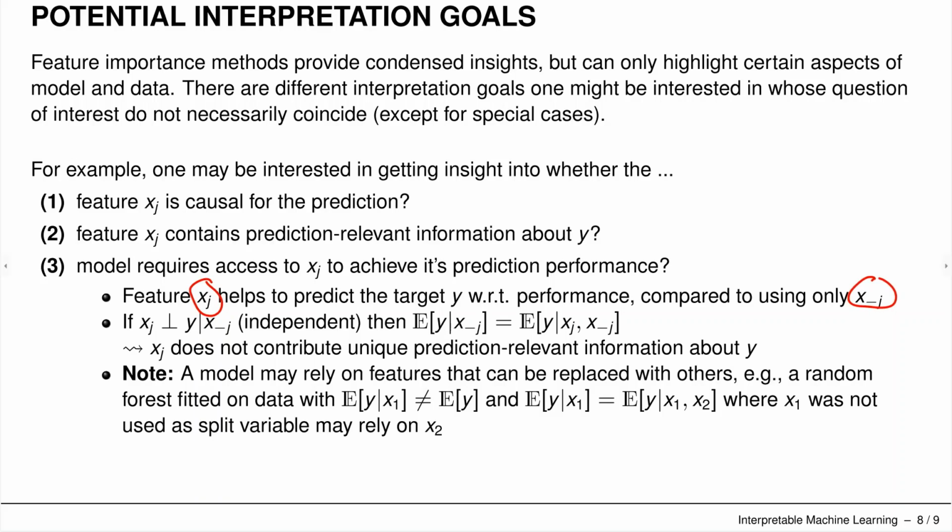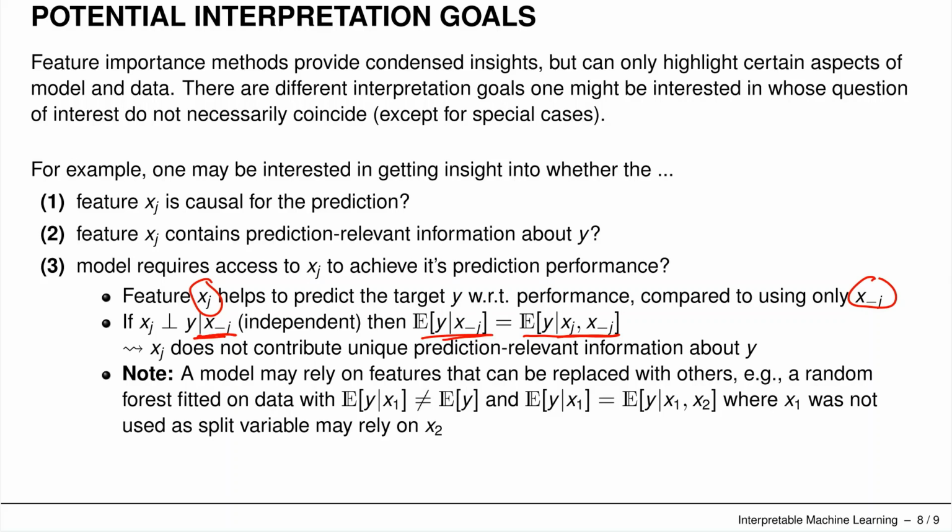So here, if the feature of interest is independent of the true target conditioning on all other features, then the conditional expectation on x minus j is the same as the conditional expectation on xj and x minus j. And this means that xj does not contribute any unique prediction relevant information about y.